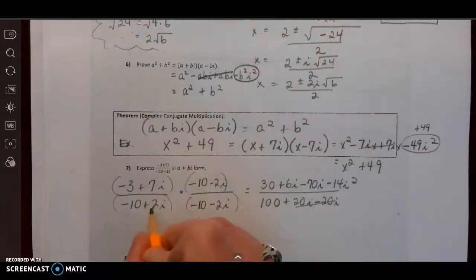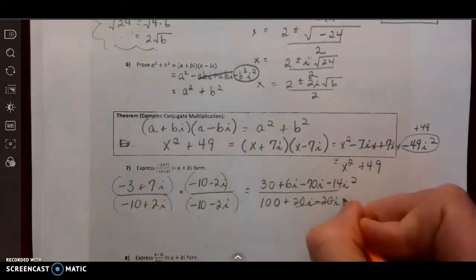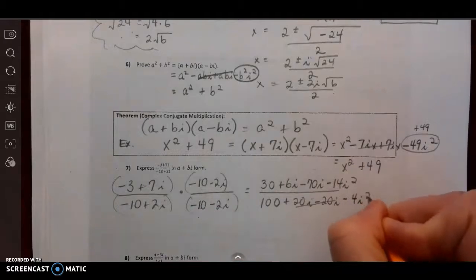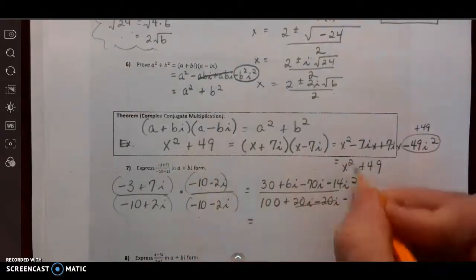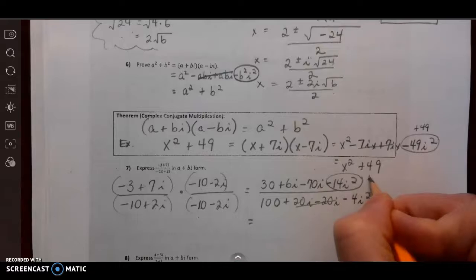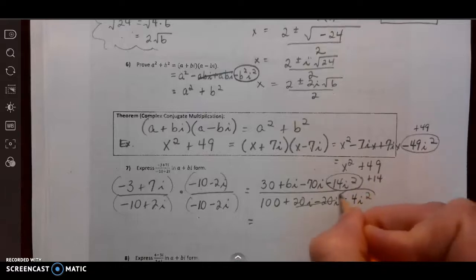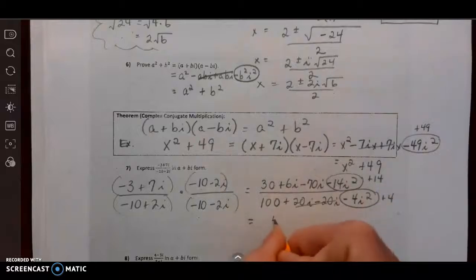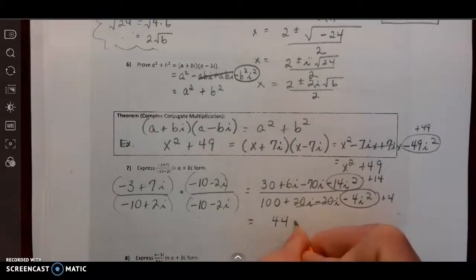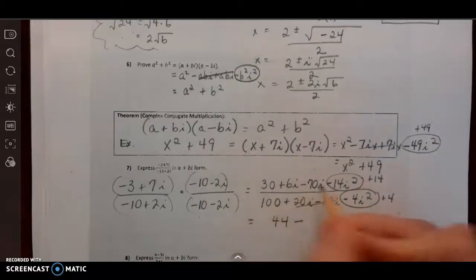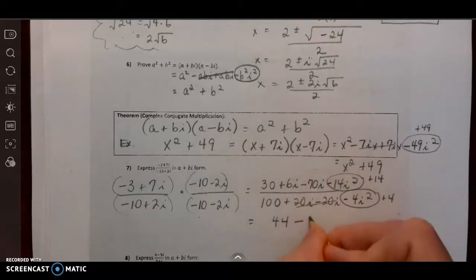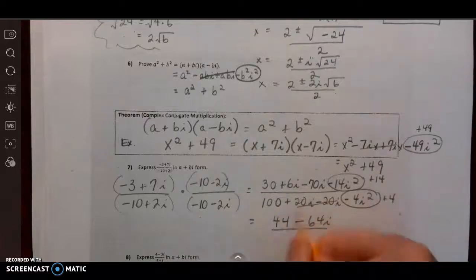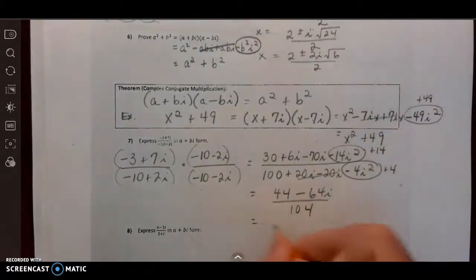They cancel. And 2i times negative 2i is negative 4i squared. So this is going to become plus 14. This is going to become plus 4. 30 plus 14 is 44. Minus, because 6i minus 70i is negative 64i. Divided by 104, and now I will need to reduce each of these.